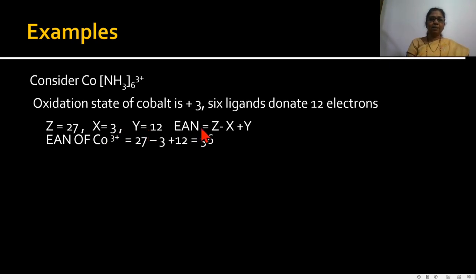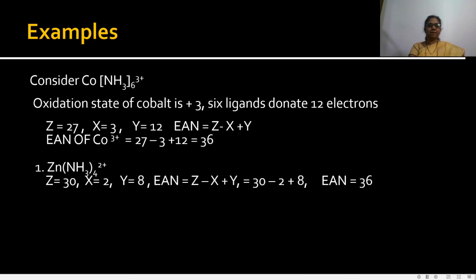Then EAN is equal to Z minus X plus Y. Therefore, EAN of this complex is 27 minus 3 plus 12, which is equal to 36. The EAN number is 36. That's why this complex obeys the EAN rule.